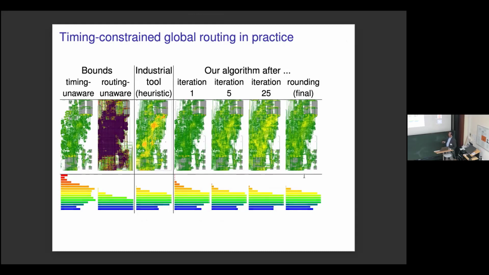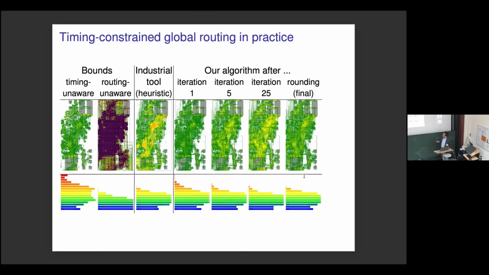So here is just what you do if you don't care about timing. You have a very good routing result. This is what we call a congestion plot. Everything is green, so you really don't use more of the edge capacities than you have. But this is the slack histogram. This shows you the timing result, and everything which is red really comes too late. You have negative slack. You violate your timing constraints. Now, if you optimize every net for timing, the timing is good, but the routing is horrible.